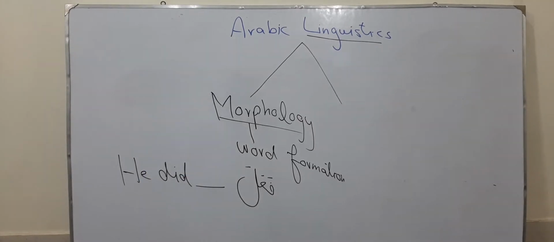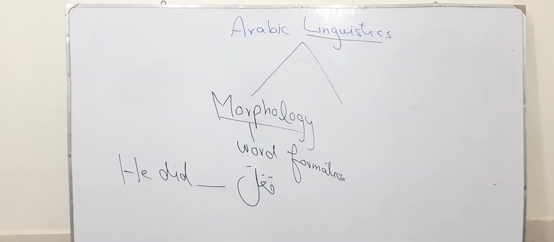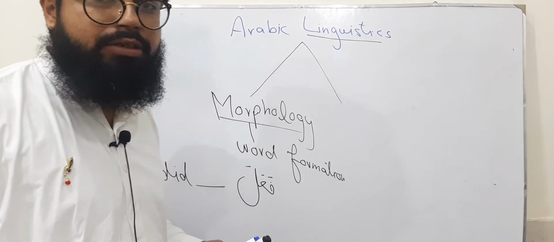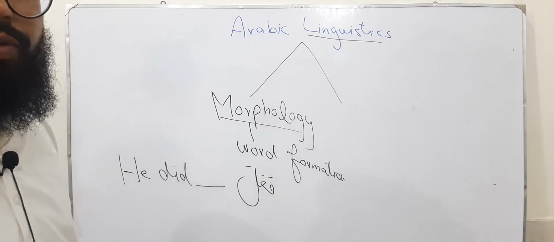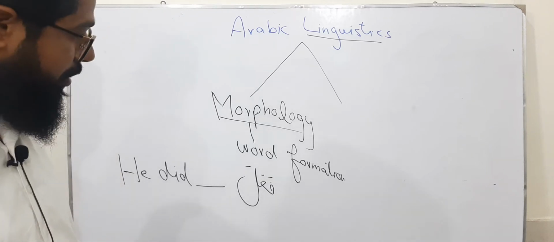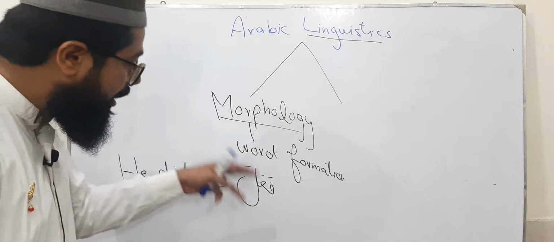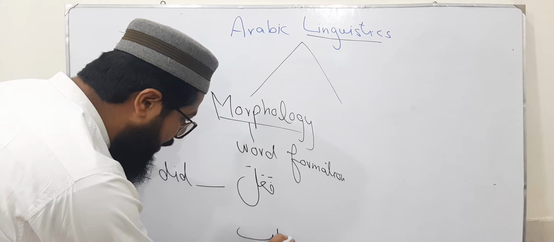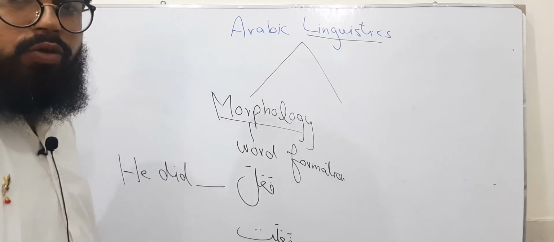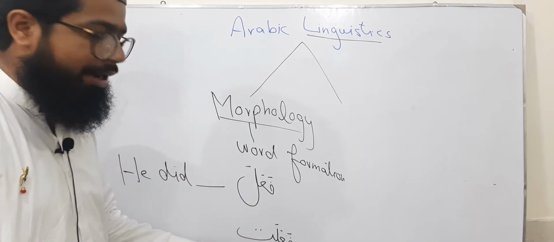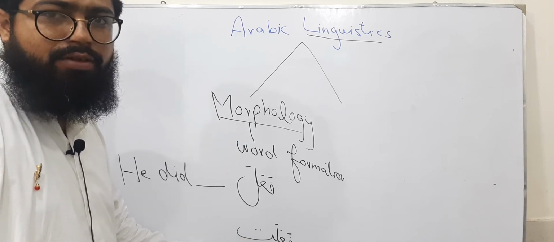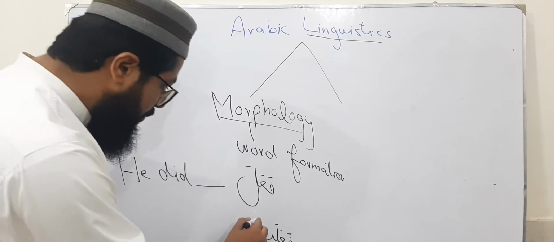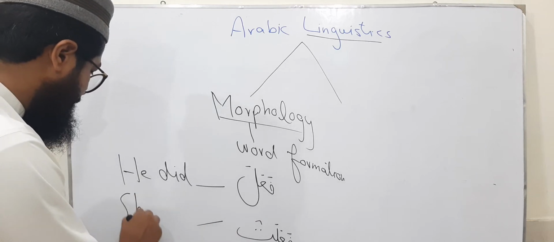Dear student, if you want to say she did, how will you say she did in the Arabic language? You will change this word into fa'alat. You could say there is an addition of a suffix. So fa'alat means she did.